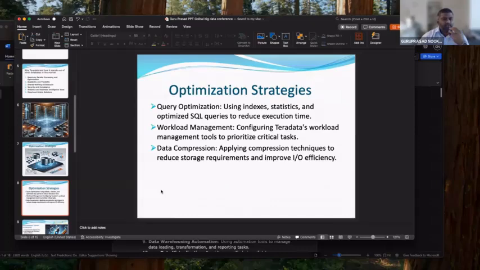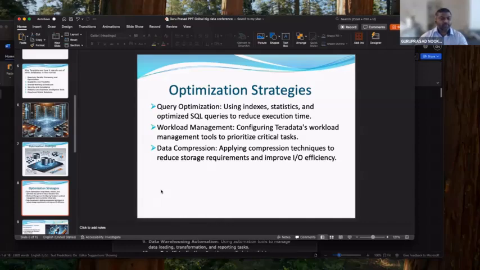There are other optimizing strategies, but here I'm going to discuss query optimization, workload management, and data compression, and a few other details.